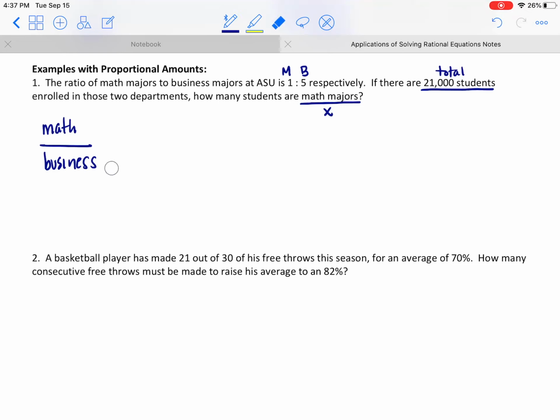the real question. Some of you might be thinking 21,000 is going to go here, but that wouldn't be correct because that's math and business majors all together, right? So think about this. Let's say there were 1,000 math majors, that would leave 20,000 business majors. Or if there were 2,000 here, that would leave 19,000 here.